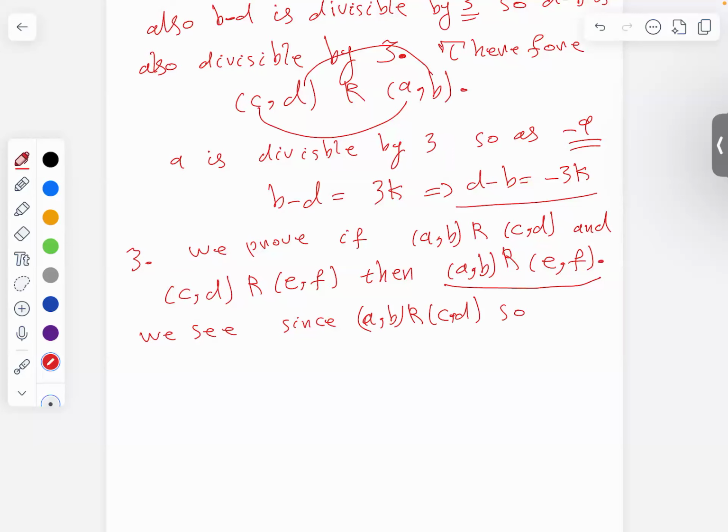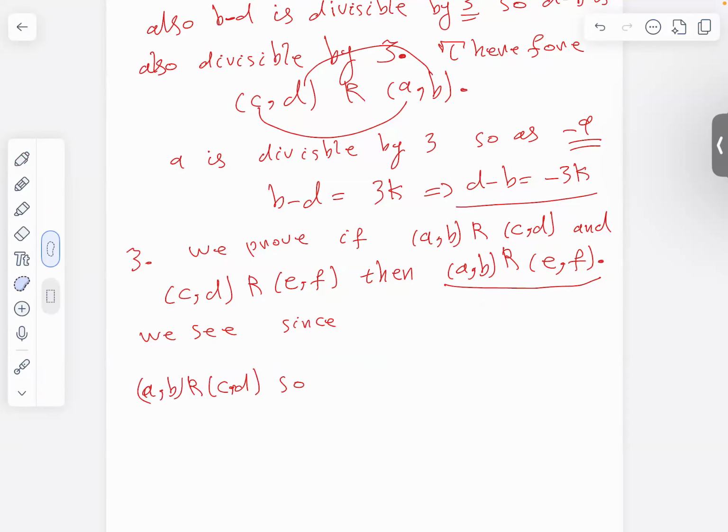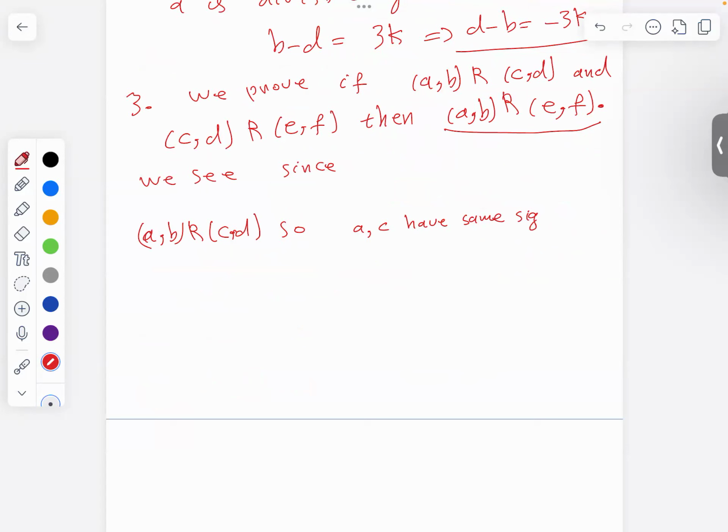So let's write: A and C have the same sign, and B minus D is divisible by 3, or B minus D is equal to 3K.